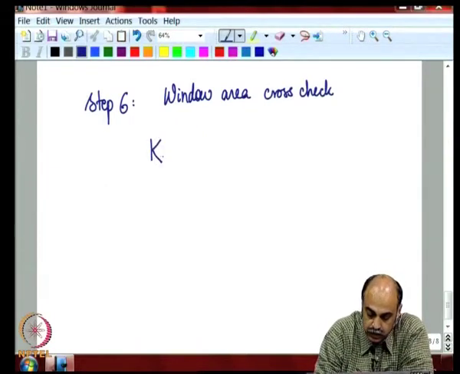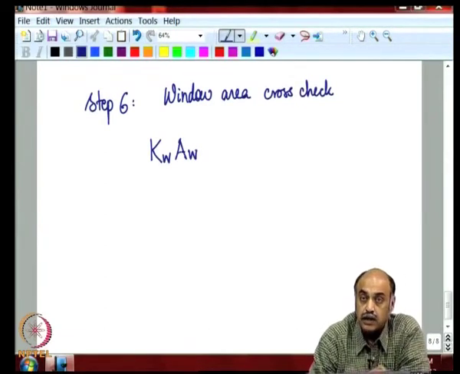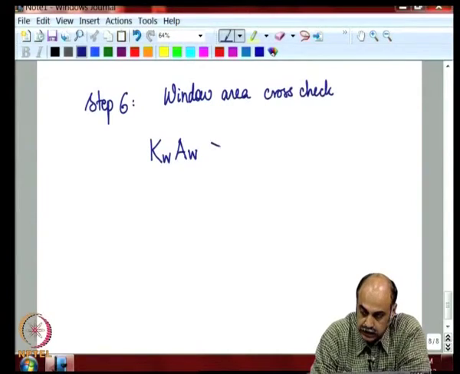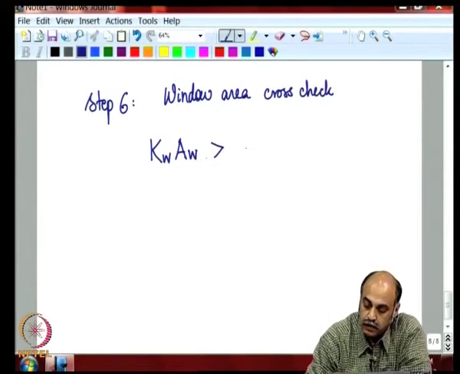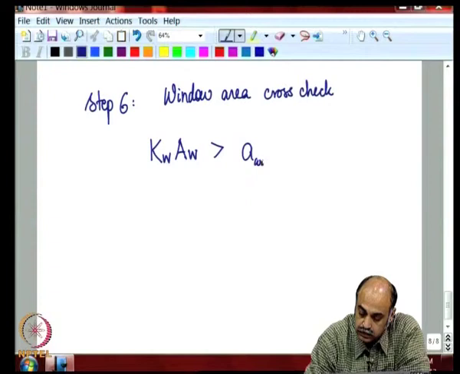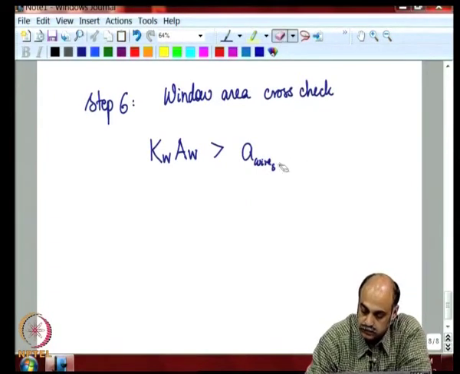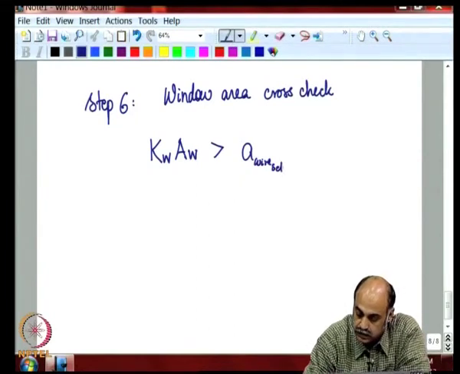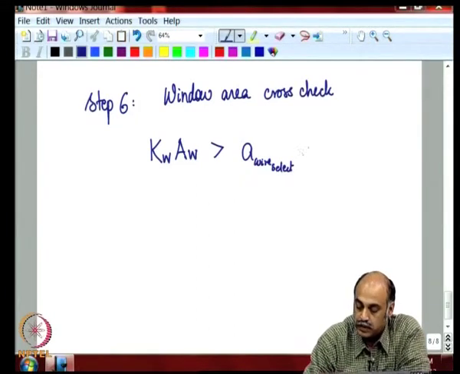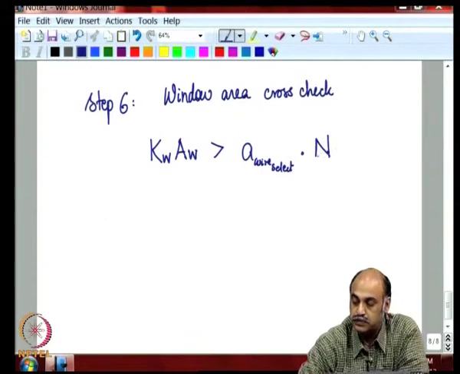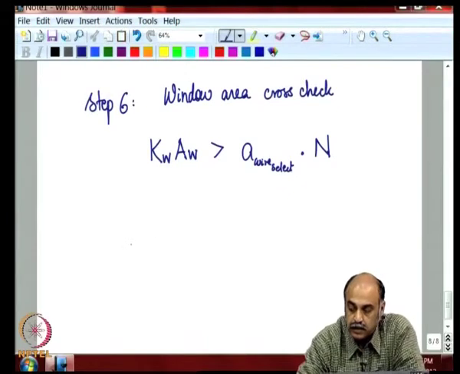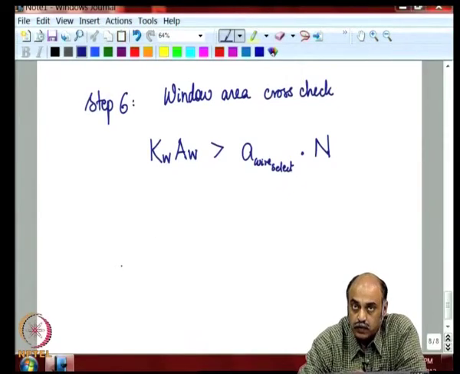We need to check that KW, the window factor, into AW, the window area, is greater than the A wire selected, the selected wire cross section area, into the number of turns as calculated in step 4 from the permeance value.